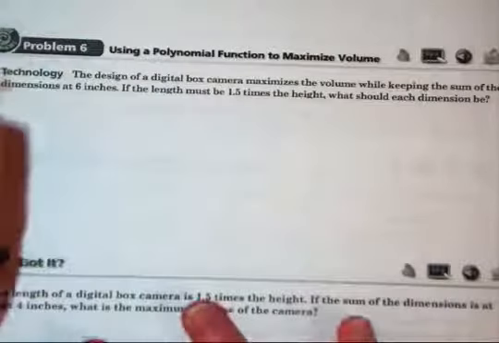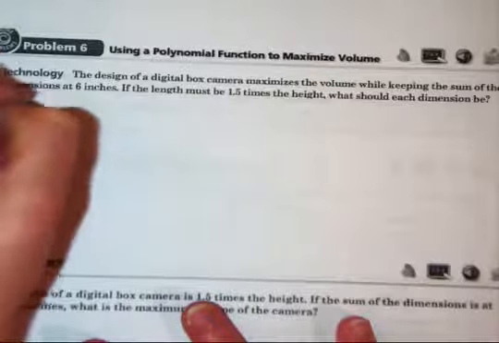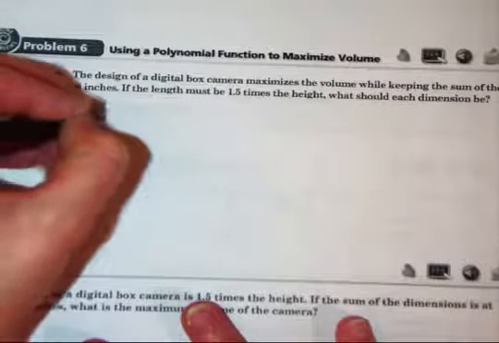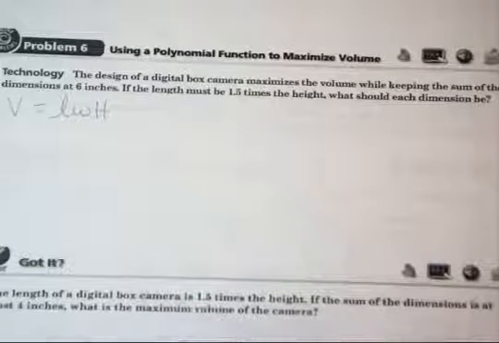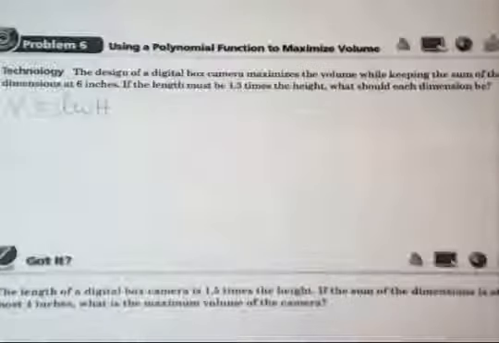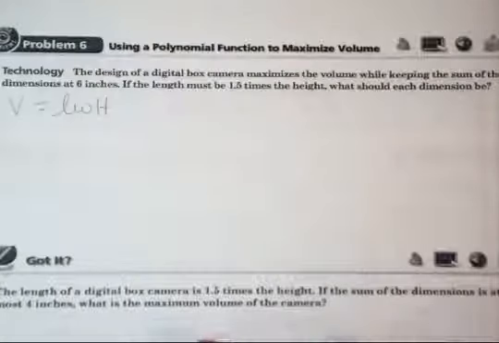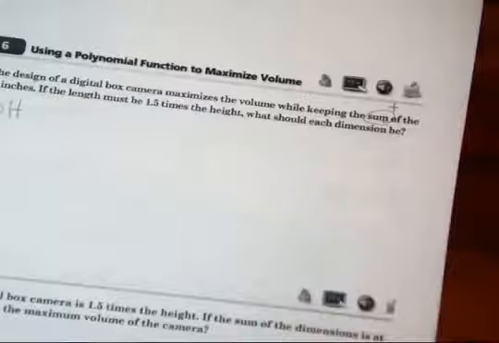What we're going to do is write down some formulas we know. For example, volume equals length times width times height. And now we're going to write down one more formula. It says the sum of the dimensions. Well, do you guys know what the word sum means? It means addition.